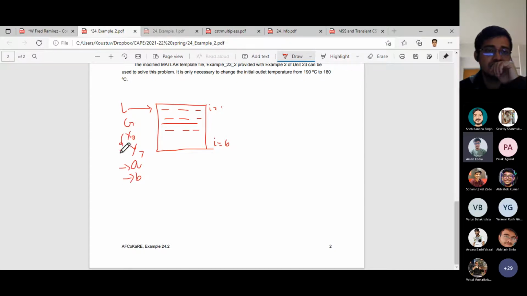These two are the solute concentrations at the absorber entry and absorber exit, and these are the flow rates, which are constant across the tower.